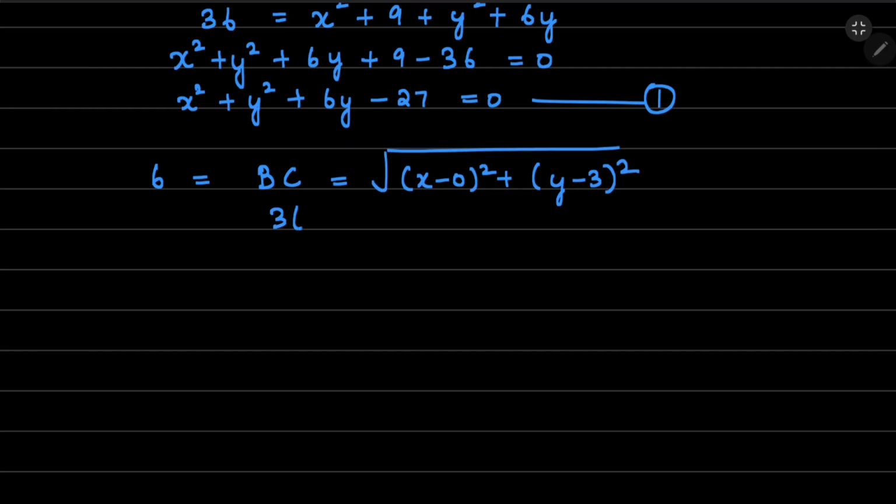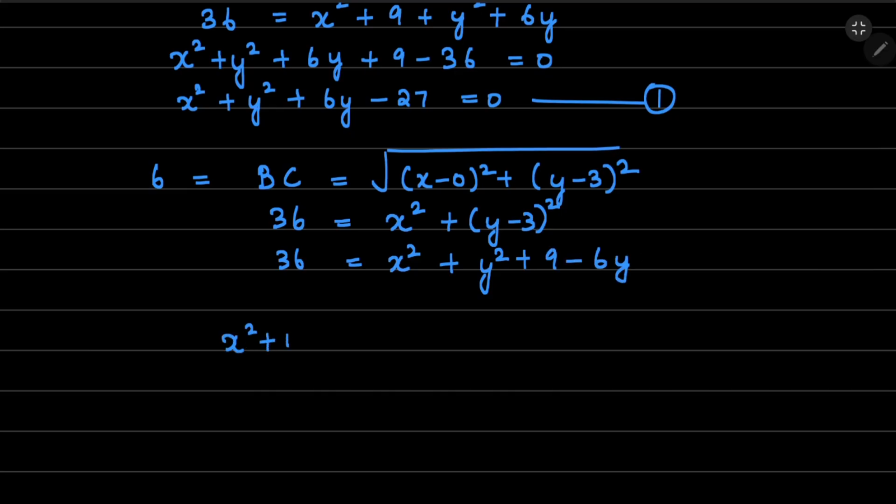Squaring both the sides, you'll have 36 equal to x square plus y minus 3 the whole square. So 36 is equal to, expand it, x square plus y square plus 9 minus 6y. Take it all to one side, so you'll have x square plus y square minus 6y plus 9 minus 36 equal to 0.